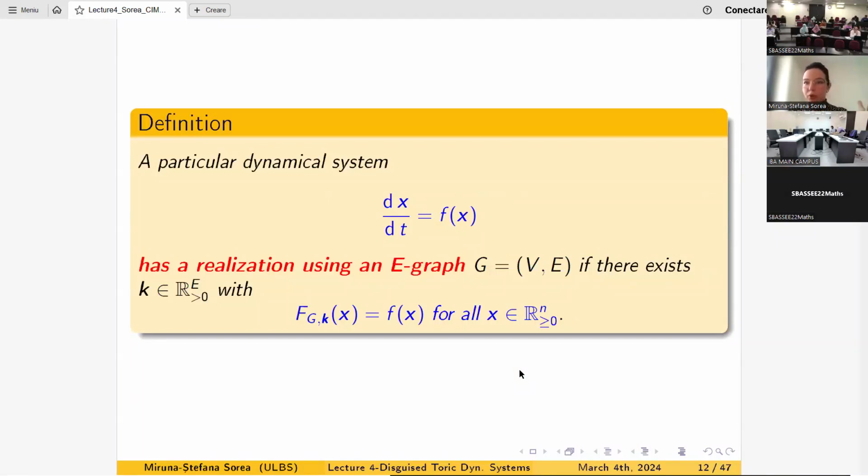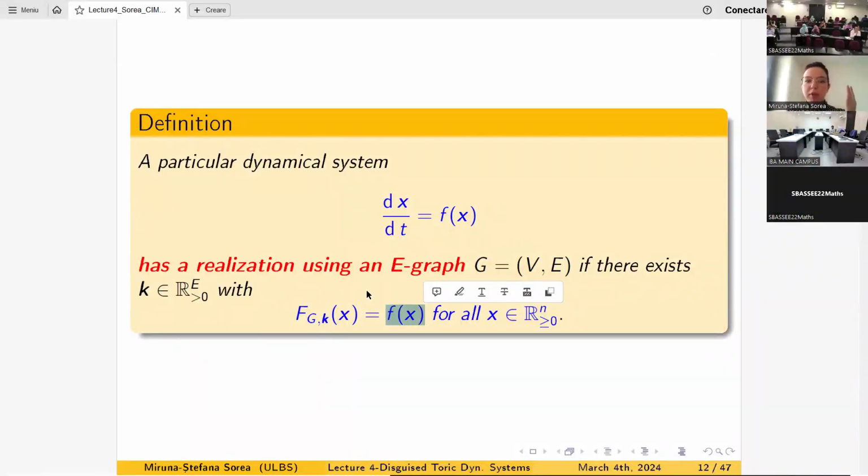Good. Now, another point of view. If you start with a system that has some right-hand side in a vectorial notation, small f, we say that such a system has a realization using an E-graph G if there exists a vector of rate constants such that, you see this is the left-hand side from before, the system generated by G and K is the right-hand side of our system.